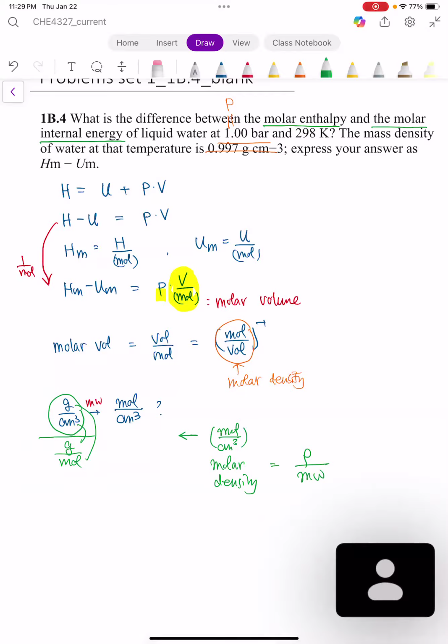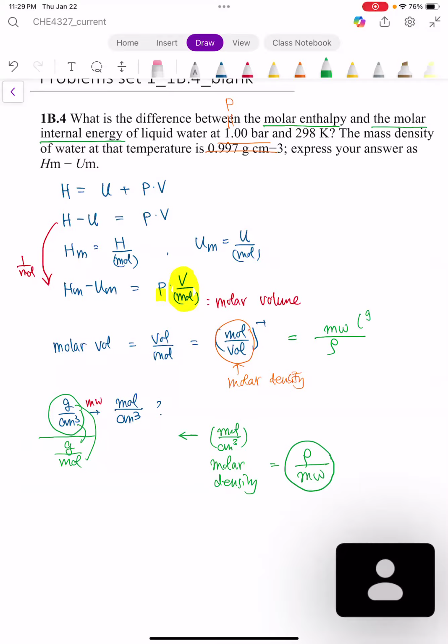In other words, if we go back here and think about what a molar volume is, then you can take the inverse of this molar density and put it over here, because molar volume was the inverse of molar density, right? So molar volume can be obtained by taking the molecular weight of the substance and dividing it by the mass density.